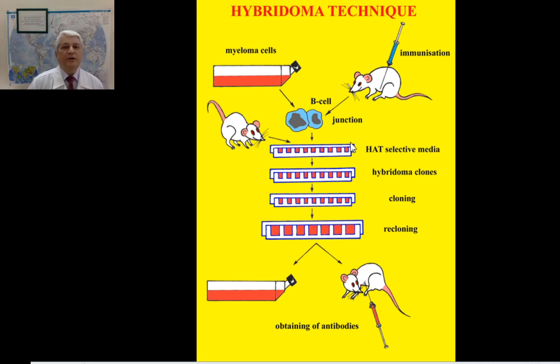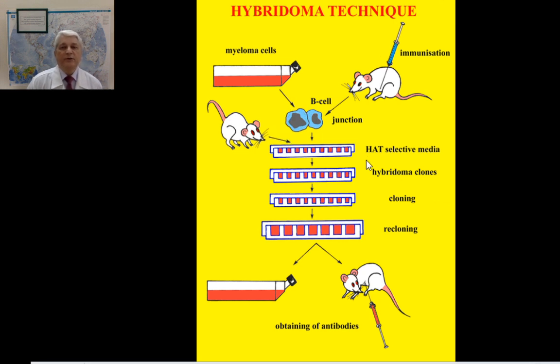How to do this? As I told you, we simply can wait 10 days, and after this normal B cells which did not produce hybrids will die themselves. But now we must also somehow kill non-hybridized myeloma cells, malignant cells.